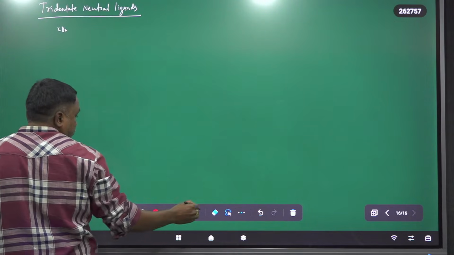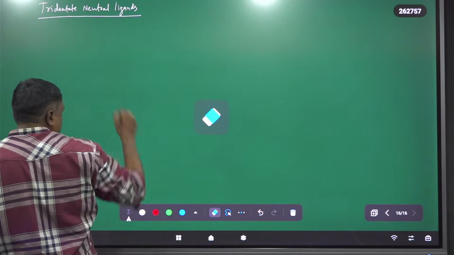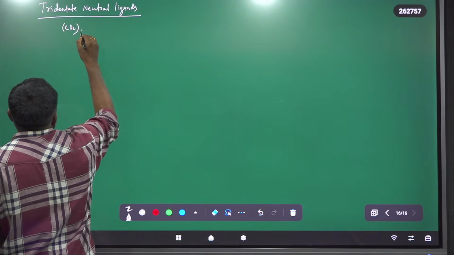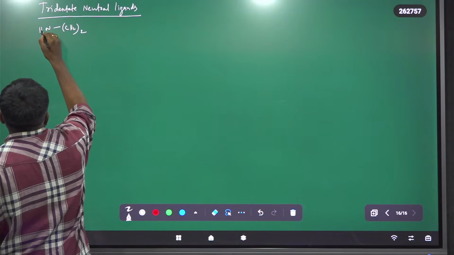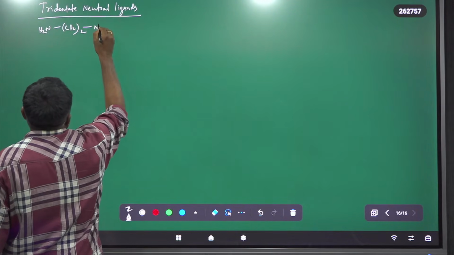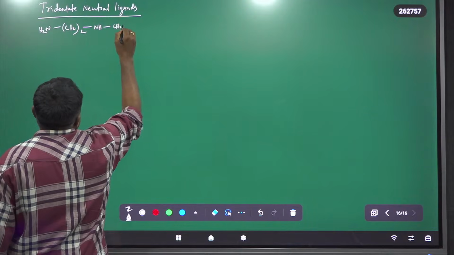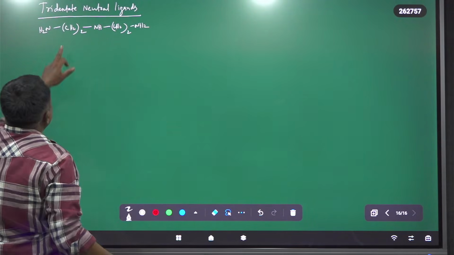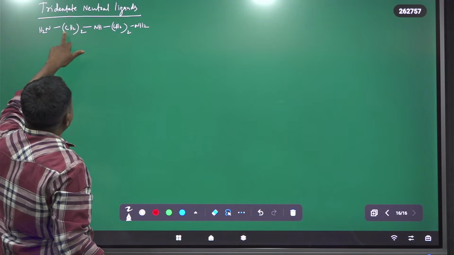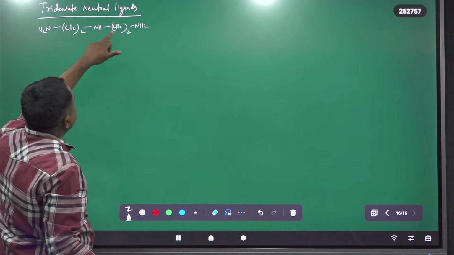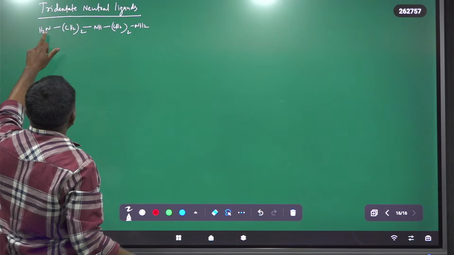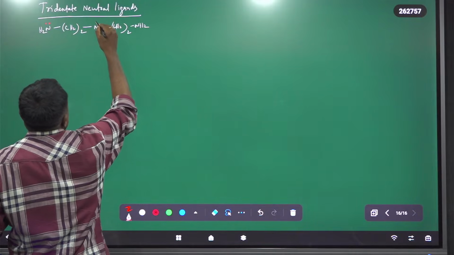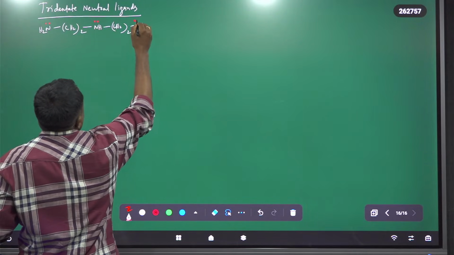CH2, CH2, this is NH2. Again NH and CH2 taken twice. This is NH2. CH2 taken two times means one ethylene. This is also ethylene, so diethylene. This nitrogen is a donor atom, this nitrogen is a donor atom, and this nitrogen is a donor atom.